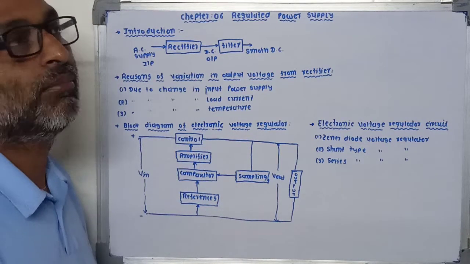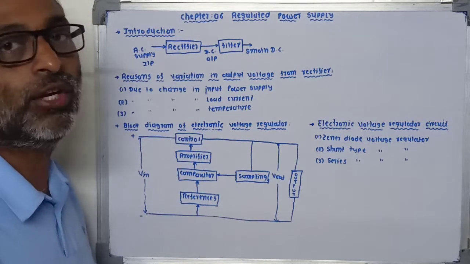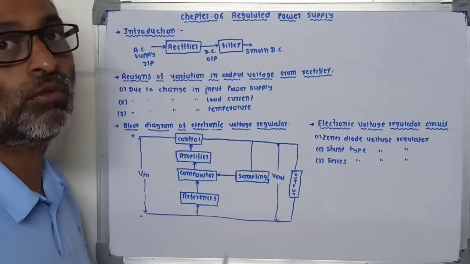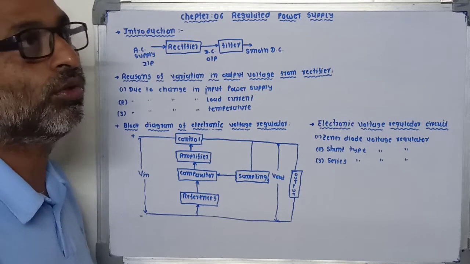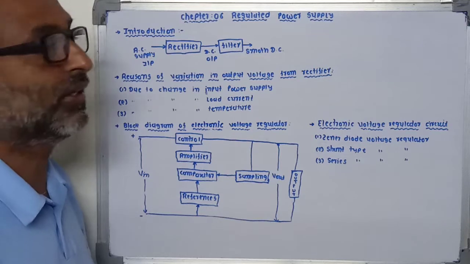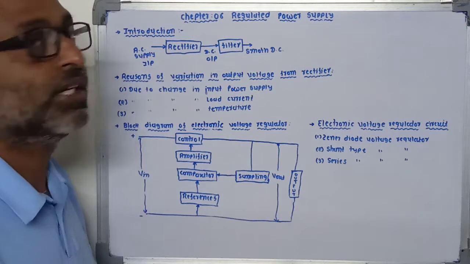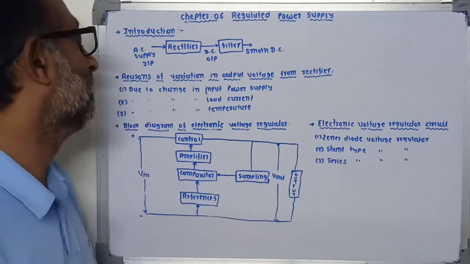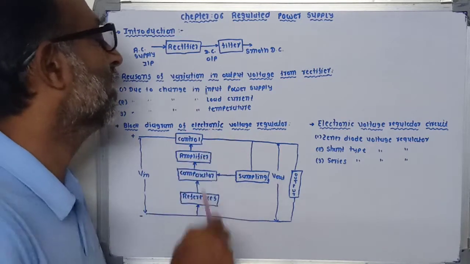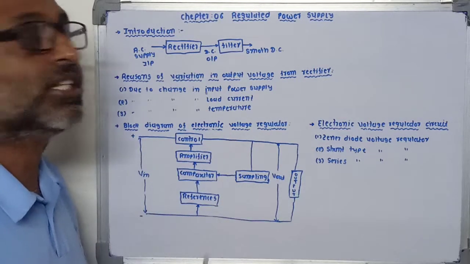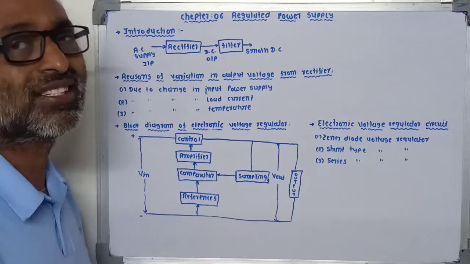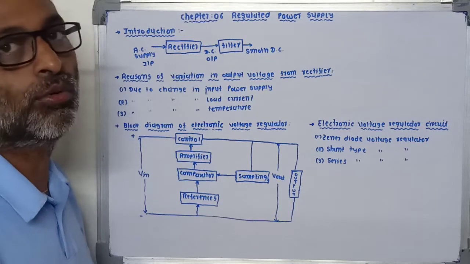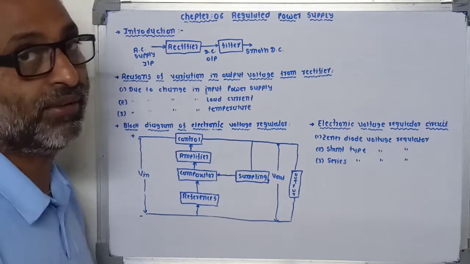Now the current passing through the winding of the transformer causes a voltage drop due to its own resistance and inductance. So the output voltage also changes. Third, due to change in temperature. The change in temperature causes a slight change in output voltage of the rectifier.